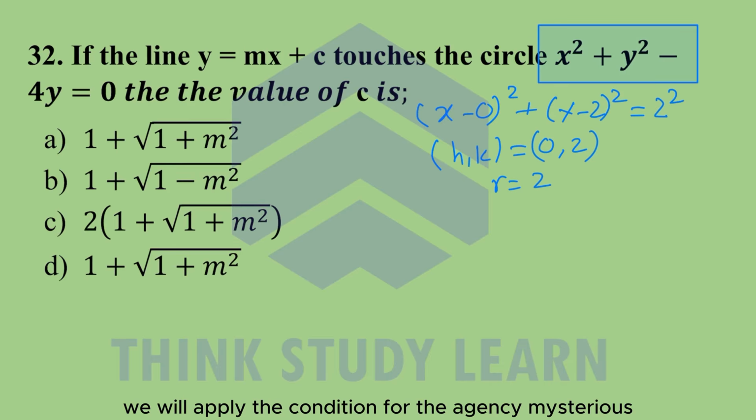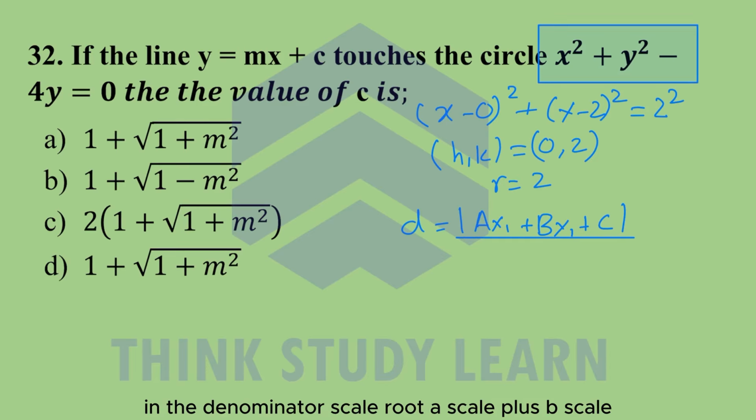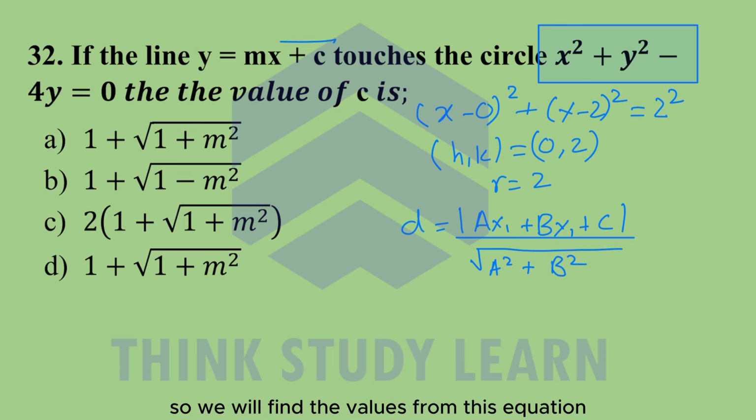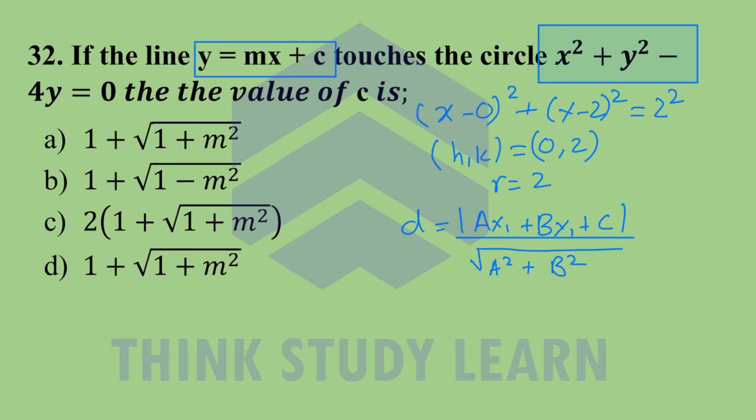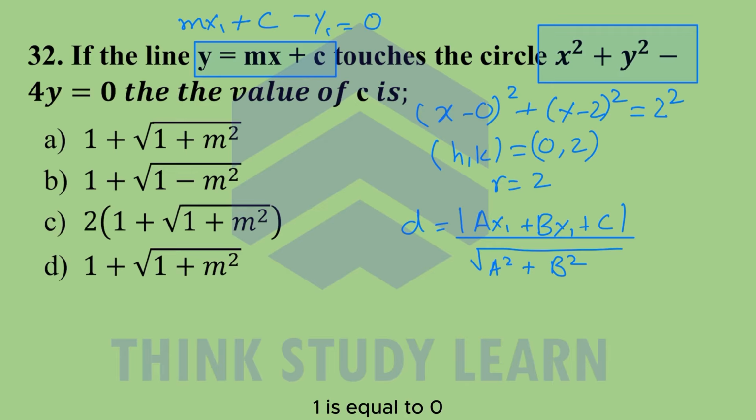So we will apply the condition for tangency, which states the modulus of ax1 plus by1 plus c in the numerator, with the square root of a square plus b square in the denominator. So we will find the values from this equation. This equation will become mx1 plus c minus y1 is equal to 0.